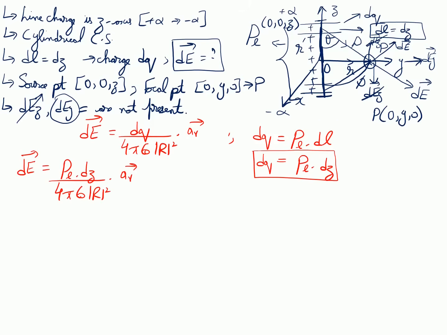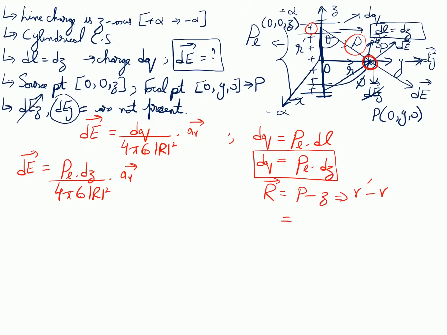Now we need to figure out what r is. r is the distance vector from the source to the point with the test charge, that is point P. So r is the difference of the position at point P minus the source, which is on the z-axis.